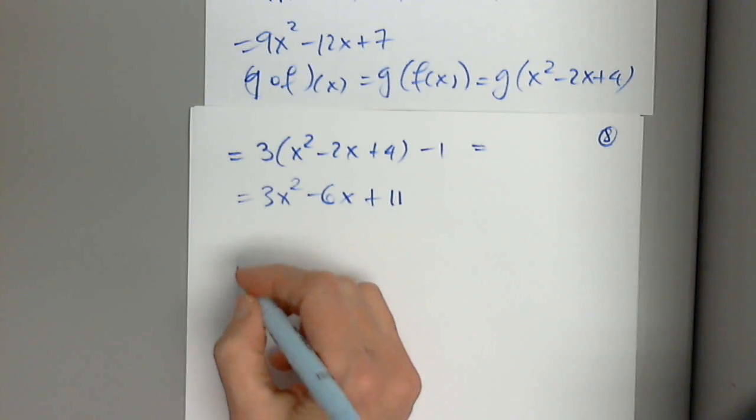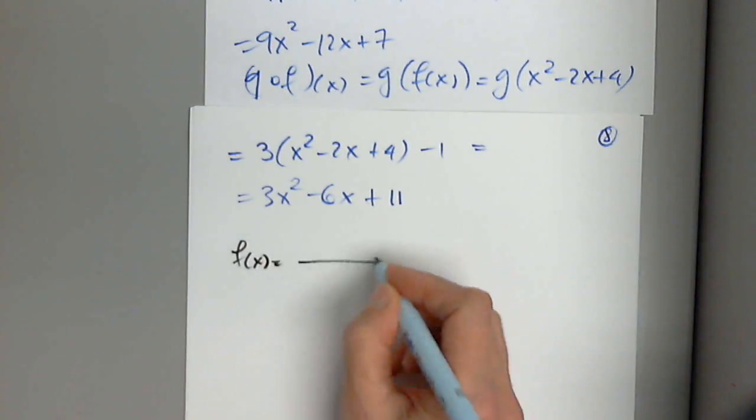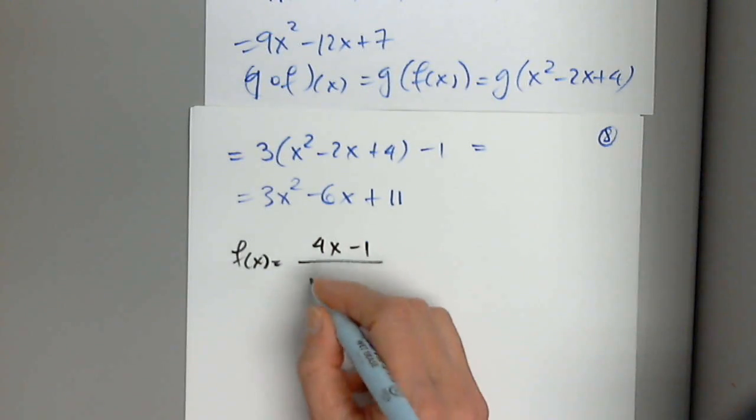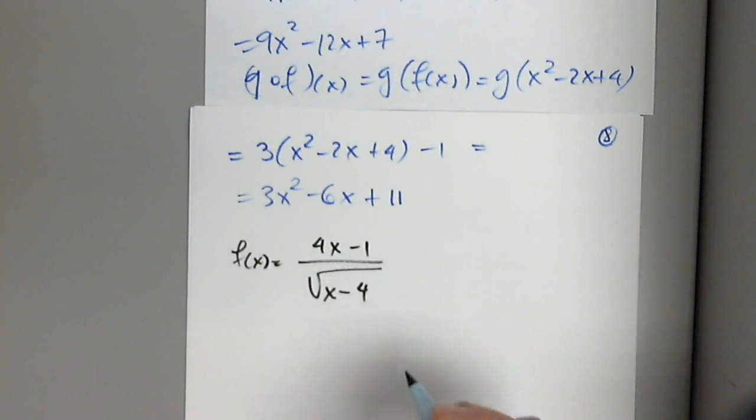I just want to do one that's like number 2, the one that has the radical in the denominator. So for x minus 1 over the square root of x plus 4, we're asked to find the domain of this function. What condition do we have to write and solve in order to find the domain?